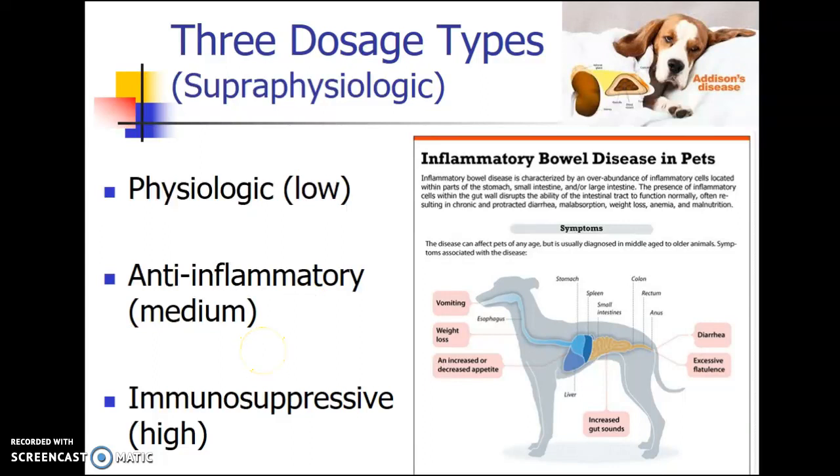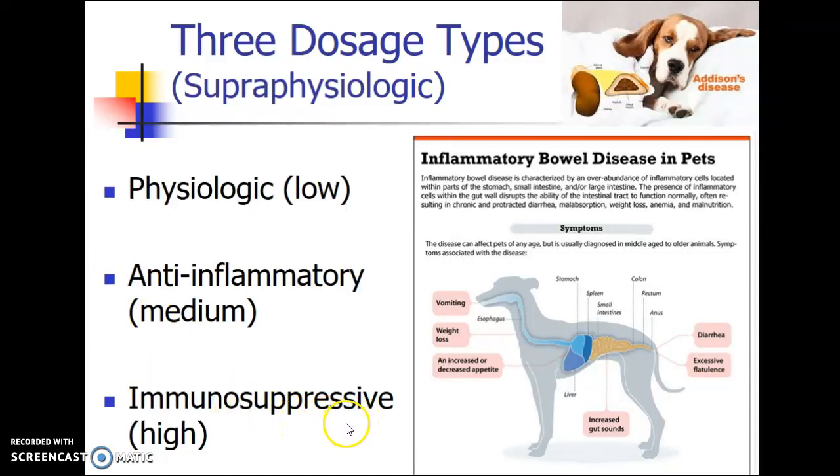Now, some animals have a condition where their immune system has been stimulated and simply does not go back down to normal. Inflammatory bowel disease is one of those kinds of things. Some extreme allergies and asthma, that kind of thing, are those types of conditions where we need to use what's called an immunosuppressive dose of steroids.